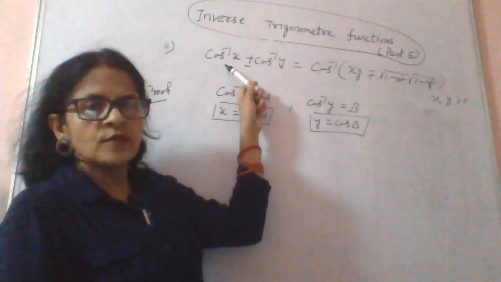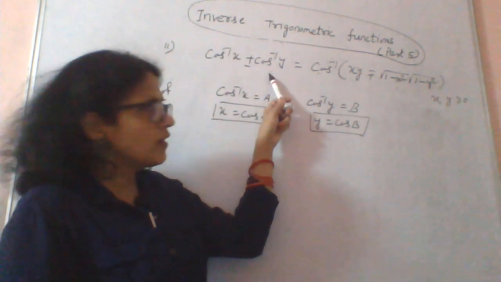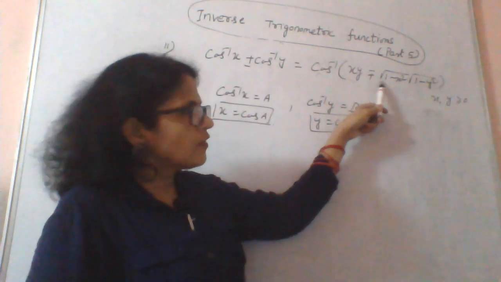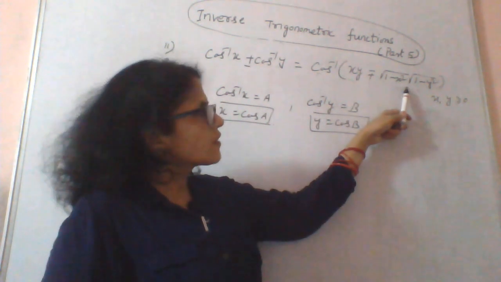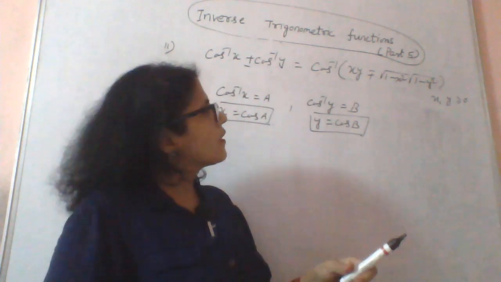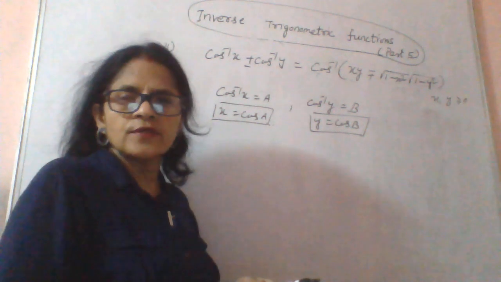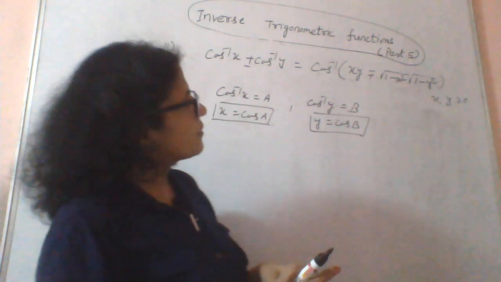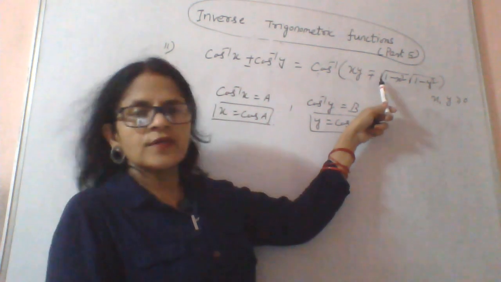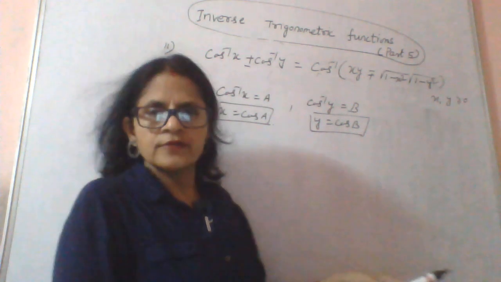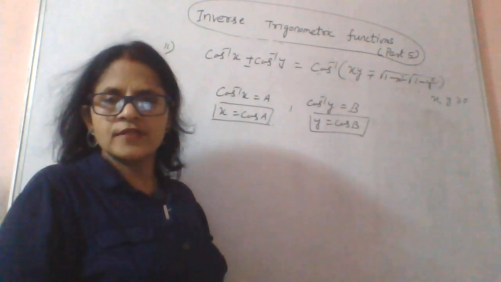Similarly, cos inverse x minus cos inverse y is cos inverse xy plus under root 1 minus x square into under root 1 minus y square. Here x and y both greater than or equal to 0 we have taken. And of course, x square cannot exceed 1 and y square also cannot exceed 1. So that is the inherent restriction.